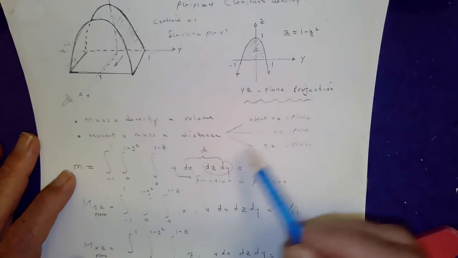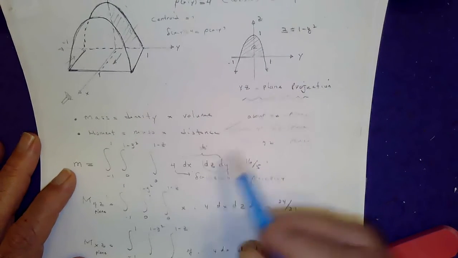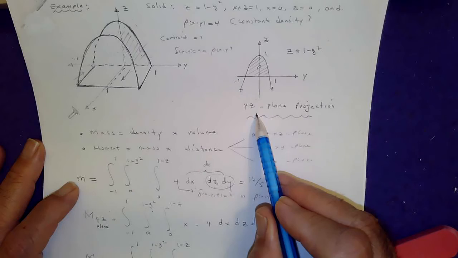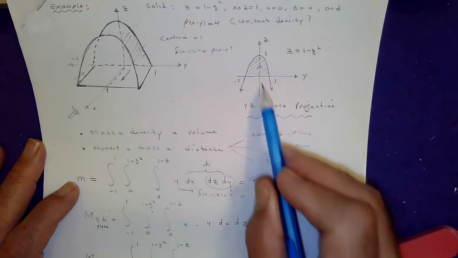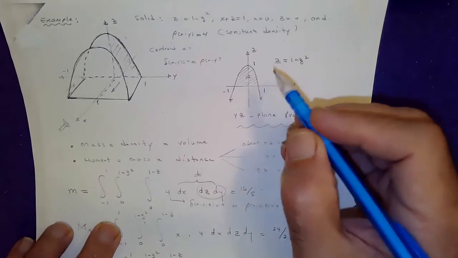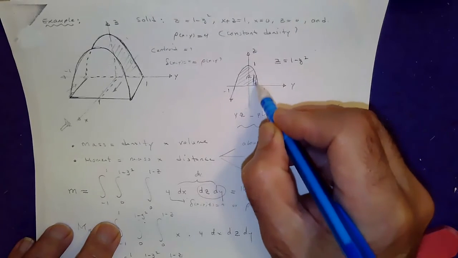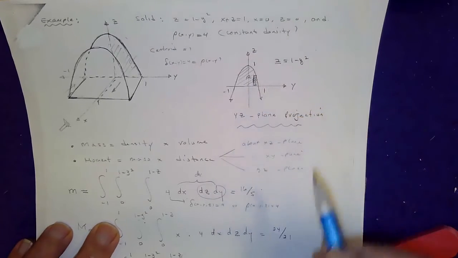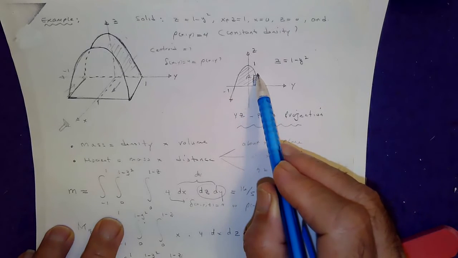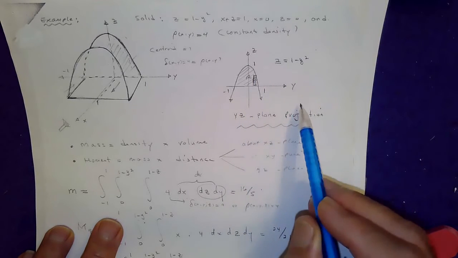And now you get your yz limits from the projection of the solid onto the yz plane, which is a parabola. So I took my element vertically. z goes from the y-axis to the curve, which is 1 minus y squared.